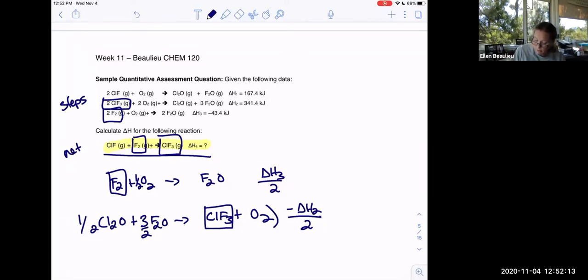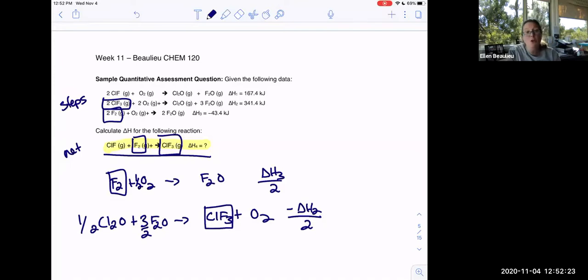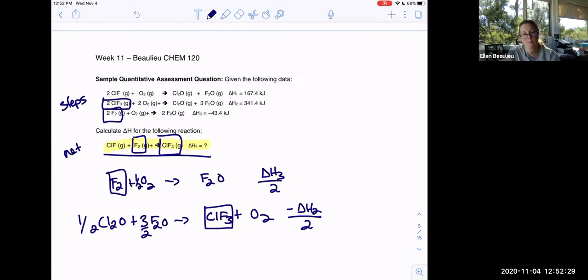Can you just clarify, that ClF3 was a half before we made it into a 1? That ClF3 was a 2 before. We divided the 2 by 2 and we got 1. So far, so good.